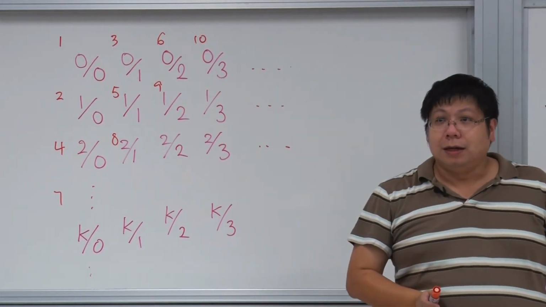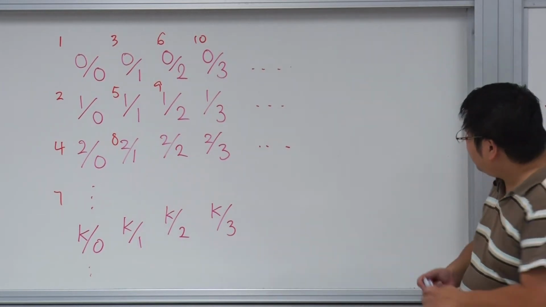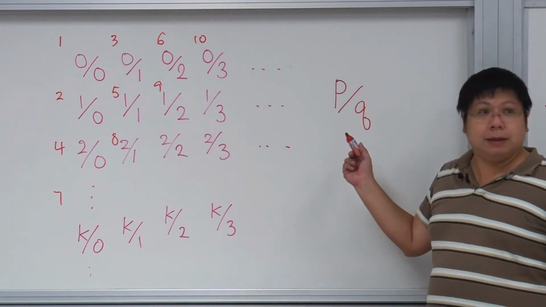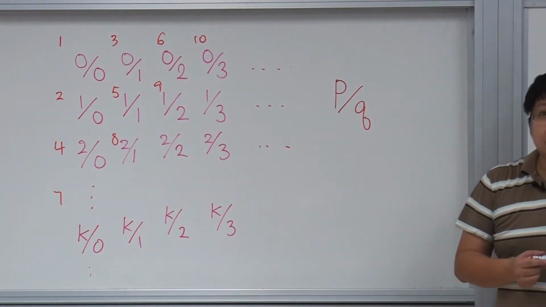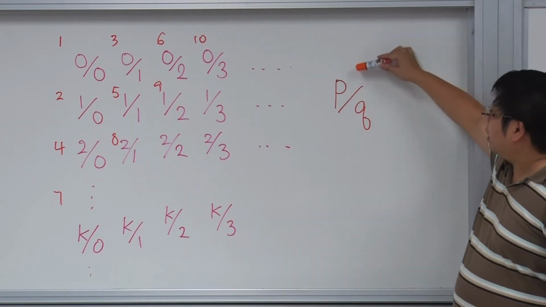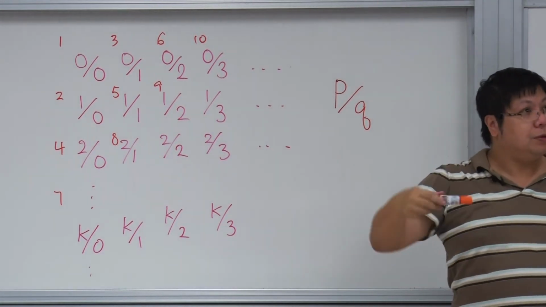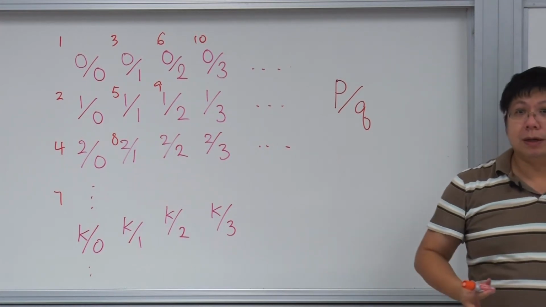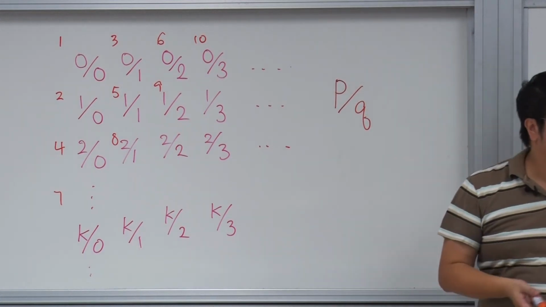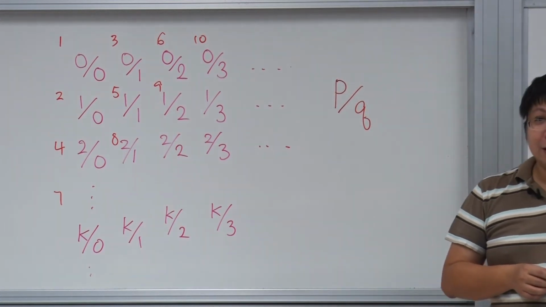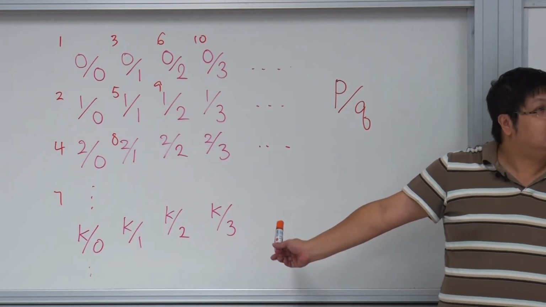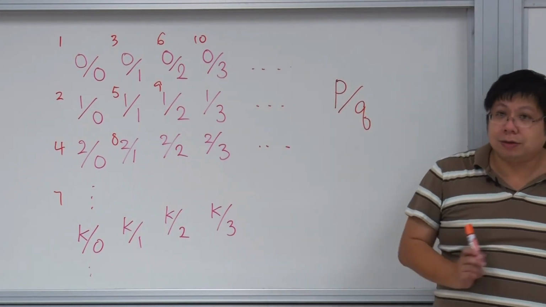And for any P over Q, we can see that it will eventually be listed, because there are only a finite number of ways to have the top and the bottom add up to P plus Q or fewer. So any form P over Q will be listed. In that sense, this is still a countable set, because we can list out everything.